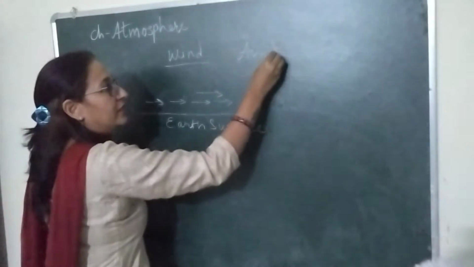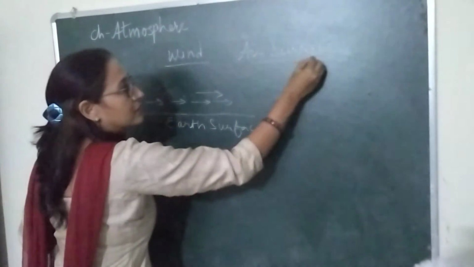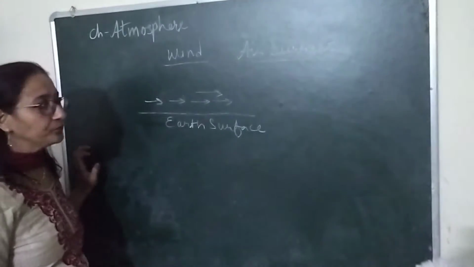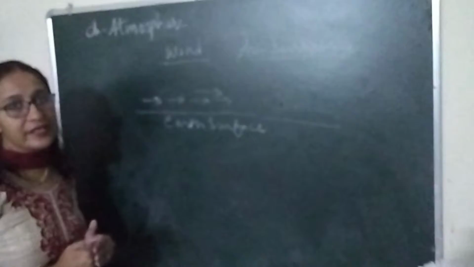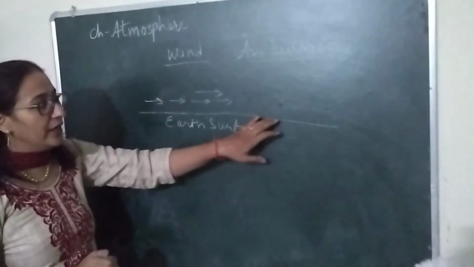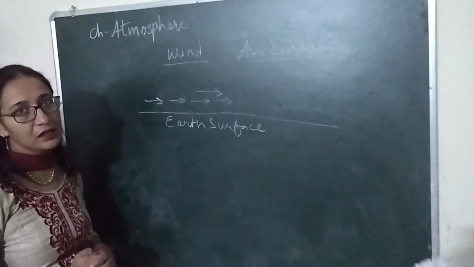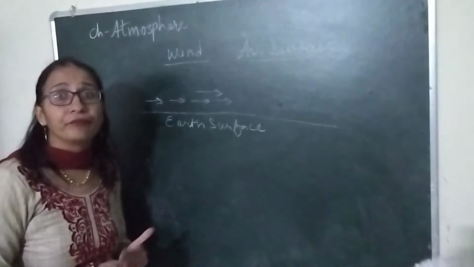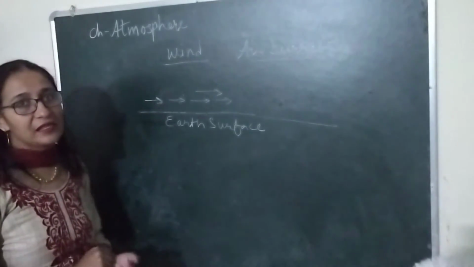How air current is different from wind? Now we have to learn the next term, what is air current. When the land gets heated up due to direct sun rays, so the air that comes in the contact of this landmass, so definitely air also become warm up, and warm air is light.